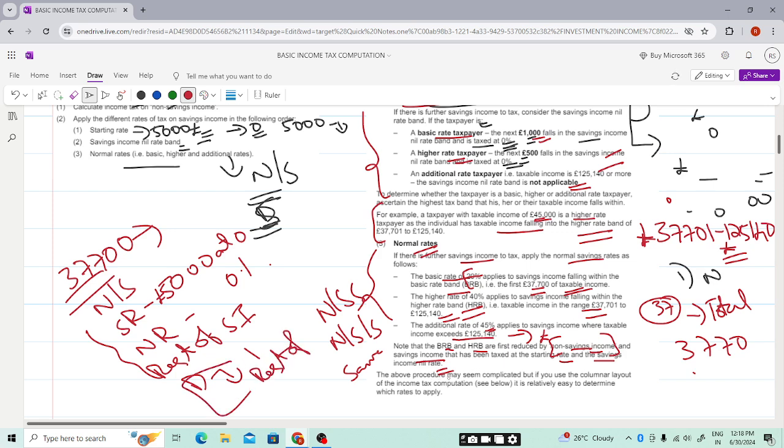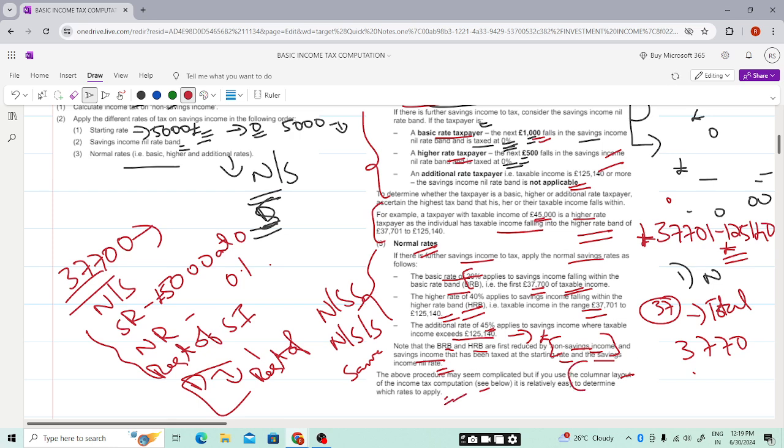The above procedure may seem complicated, but if you see the columnar layout of the income tax computation below, it is relatively easy to determine which rates to apply.